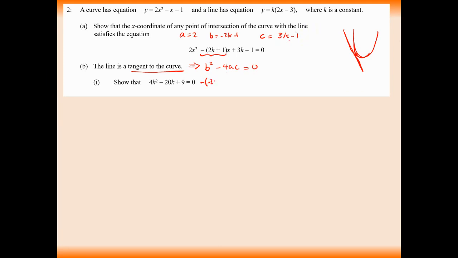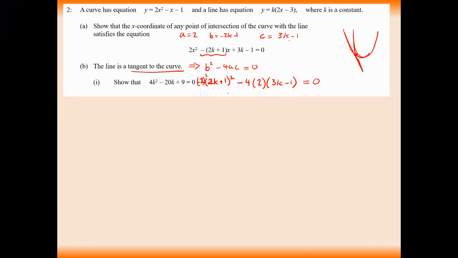Actually, I'm going to factor a minus sign out: minus (2k plus 1), and I'm going to put a square here. Now, that minus 1 that we factored out will be squared, so it will cancel away anyway. Then we have 4 times 2 because a is 2, and the value of c is 3k minus 1. Just writing what I've been given.